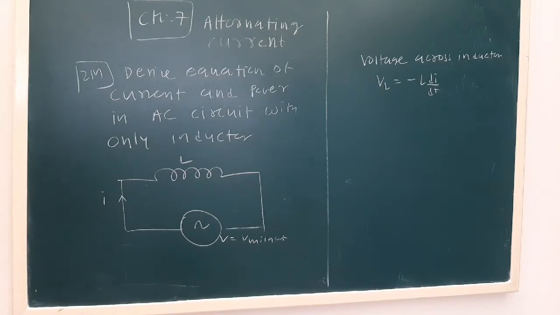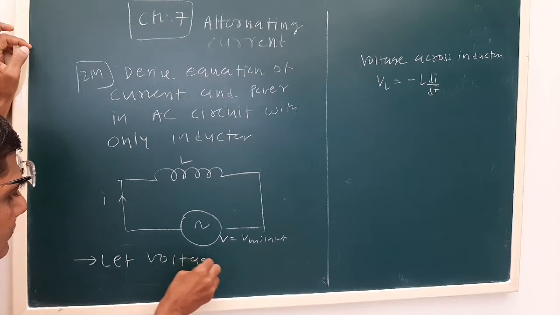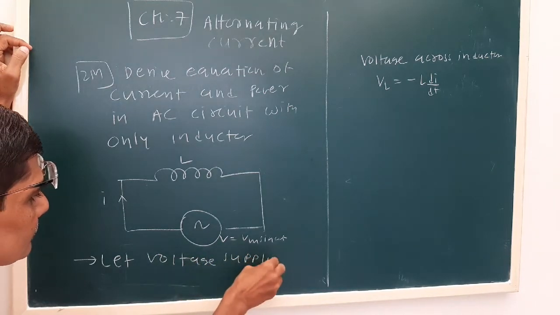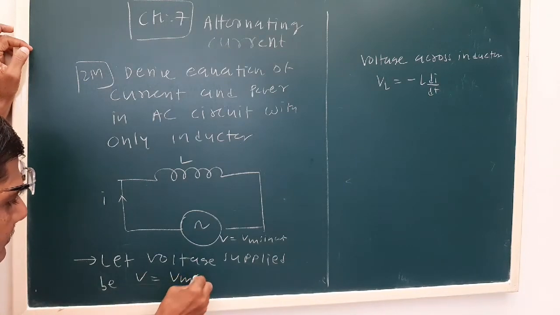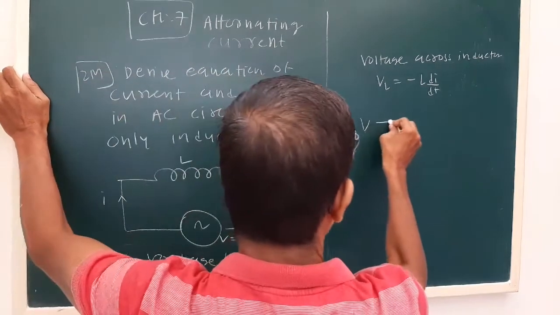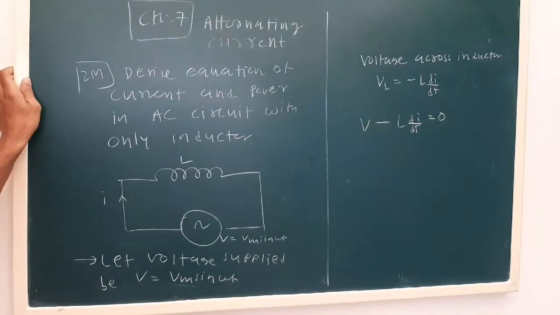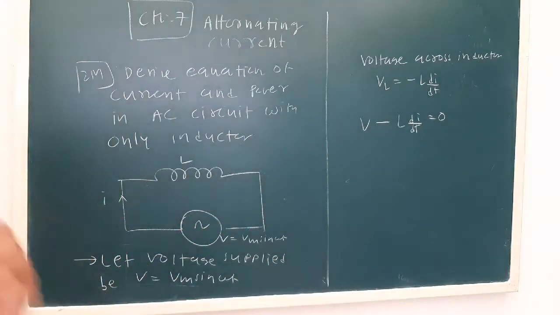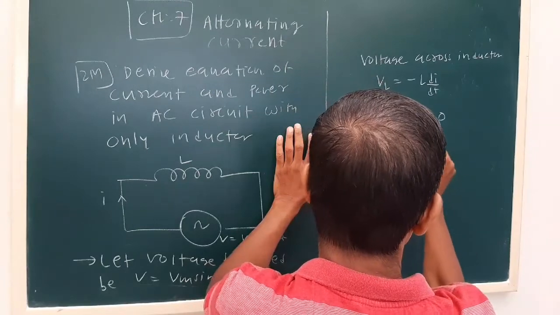The voltage drop is also called the back EMF. Let the voltage supplied be V is equal to Vm sin omega t. Now here V minus L di by dt is equal to 0, because they are in opposite phase. So V is equal to L di by dt.